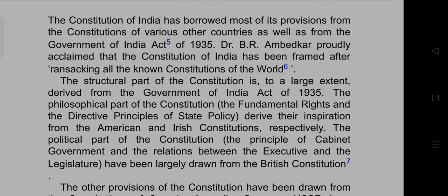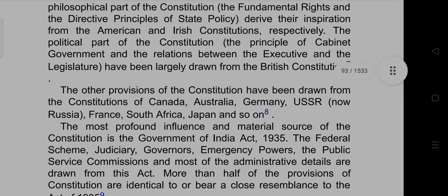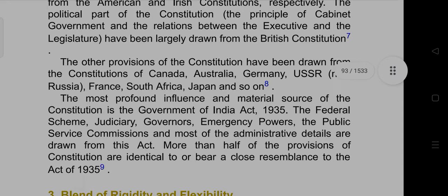The political part of the Constitution, that is the principle of cabinet government and the relations between the executive and the legislature, has been largely drawn from the British Constitution. The other provisions have been drawn from the constitutions of Canada, Australia, Germany, USSR (now Russia), France, South Africa, Japan, and so on.